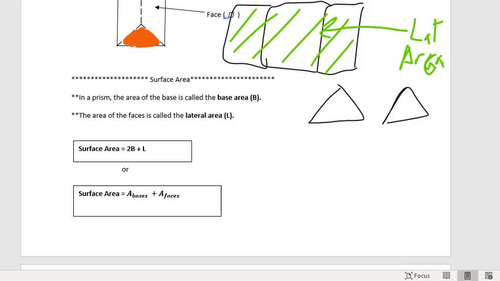All right, now how we find the lateral area is the perimeter times the height.